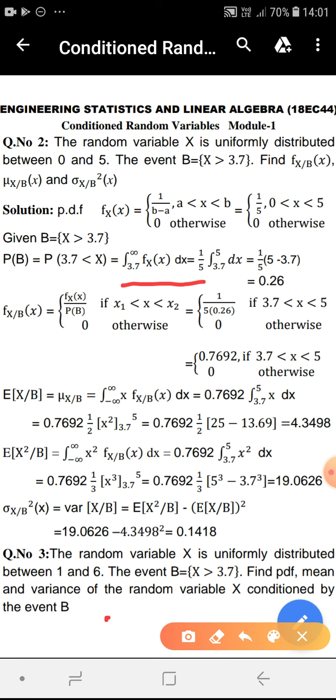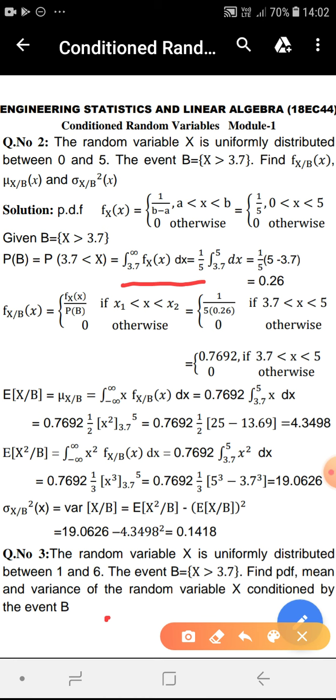Here fx of x, the probability density function, is 1 by 5 from 0 to 5. For the rest of the x values, fx of x will be 0. So you have to split the integral from 3.7 to infinity as integral from 3.7 to 5 plus integral from 5 to infinity. In the second integral from 5 to infinity, the integrand fx of x will be 0. So the whole second integral will be 0.